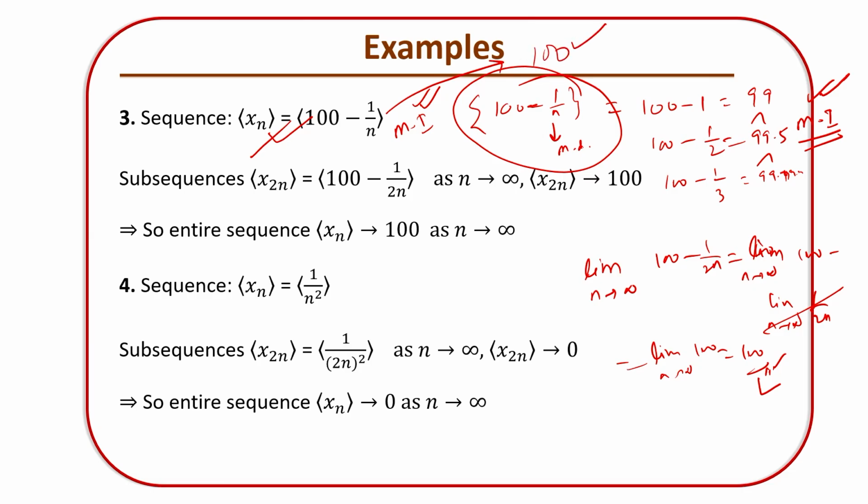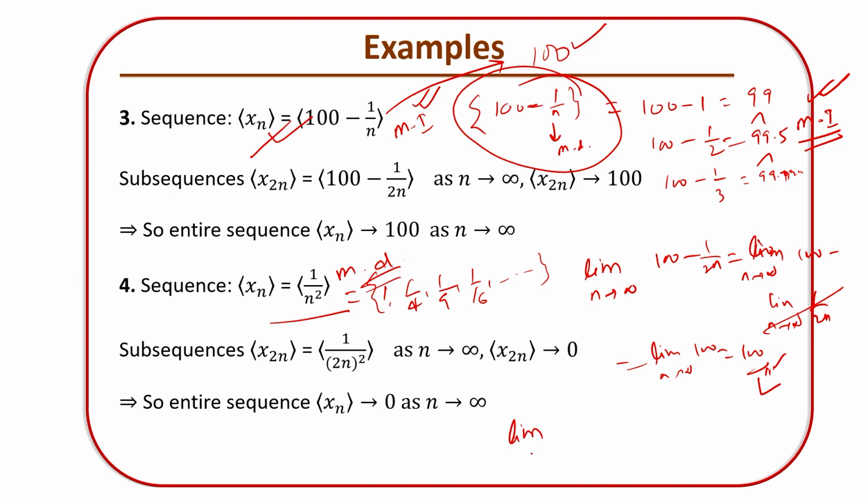That's all. Now consider another one, 1 by n square. This is a sequence. What will be its qualitative behavior? This is 1, 1 by 4, 1 by 9, 1 by 16, 1 by 25 and so on. So this is a monotonically decreasing sequence. It decreases, right. So we have a monotone framework, and the subsequence is given by 1 by 2n whole square.